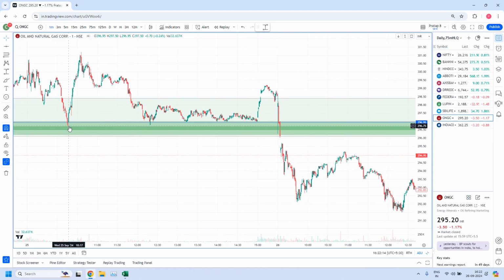See, if this test was today, definitely you would have planned one more trade. But this test happened on 25th September. Once a zone is tested, you cannot plan a second trade on the following day. On the same day, maybe you can plan a second trade or even a third trade. Sometimes you can plan. If your earlier trades are successful, there is nothing wrong in investing some amount that you already got from your profits.